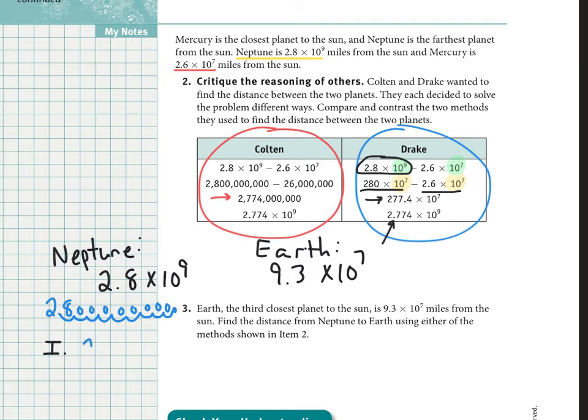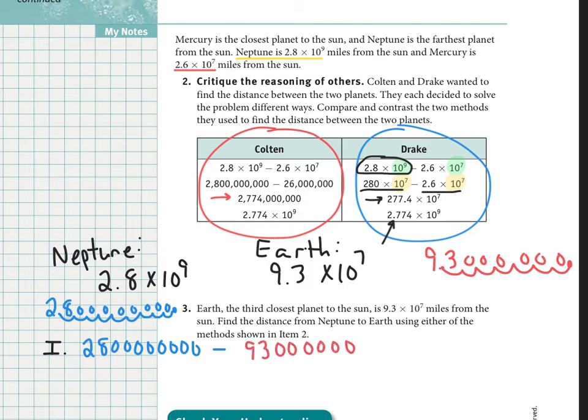It would be 28 and then 8 zeros. Now Earth's distance, converted to standard form, is 9.3 times 10 to the seventh. So 1, 2, 3, 4, 5, 6, 7, and that would leave 6 zeros.